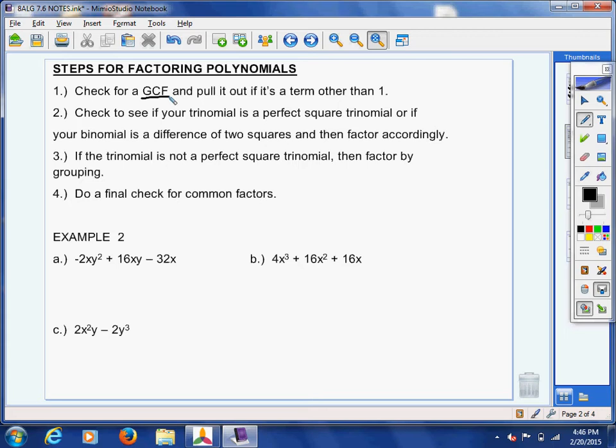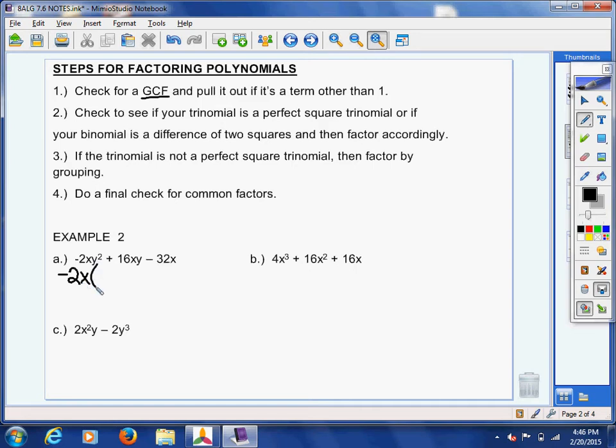Now, hopefully, you know I don't like a leading negative number, so I'm going to pull out a -2 because that's common to all 3. -2 is a factor of -2. It's also a factor of 16, and it's also a factor of 32. And then notice that there's an x in all 3 terms. I'm going to pull that out as well. Can't pull any y's out. That last term, 32x, does not have a y. So therefore, y is not common to all 3 terms.